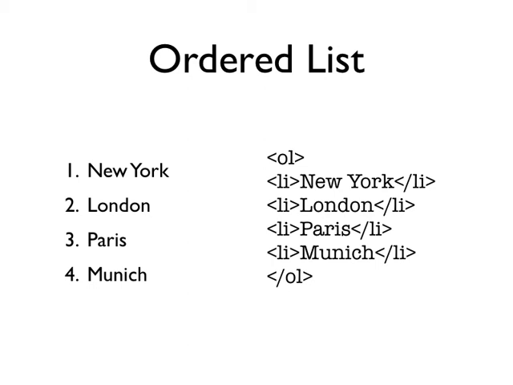What's interesting about an ordered list is that they're numbered, but it's the browser that puts in the numbers. So the browser might decide, for example, to use 1, 2, 3, 4, or the browser might decide to use Roman numbers. Might decide to use II, and 4 is IV, isn't it?